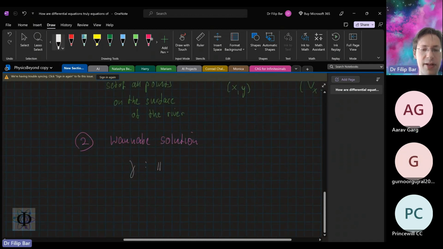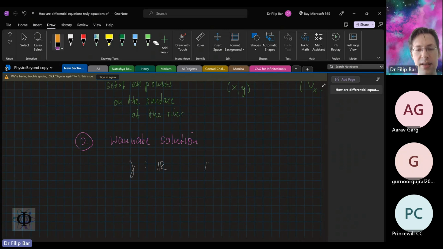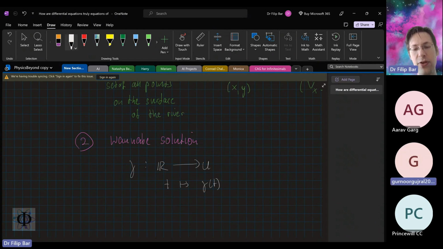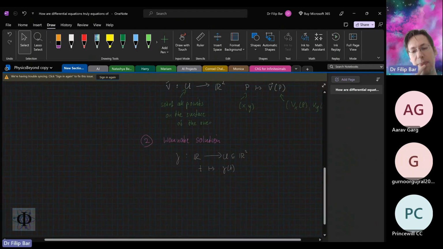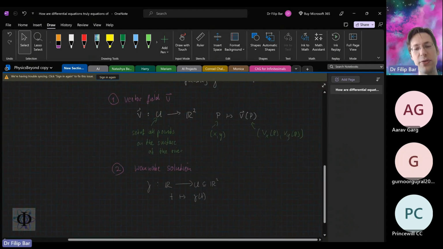We use time, right? And the position, of course, is in U. That's the output, right? So it's going to take the time and it's going to tell me, well, at time, say, 1 second, for example, that's the position you're going to have. So this is position in time. This is my wannabe solution.